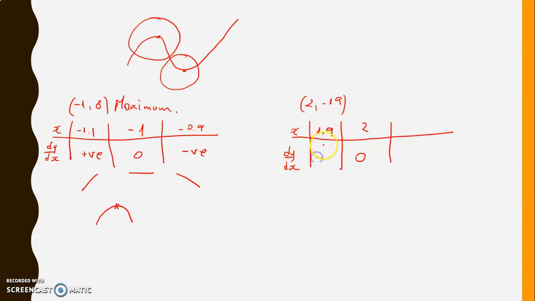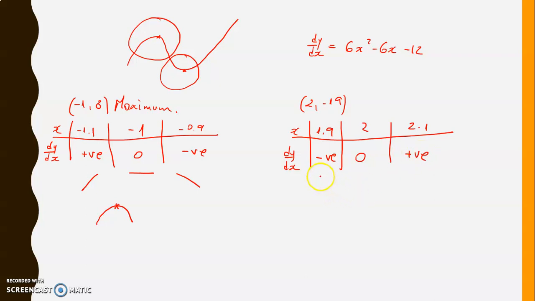I'll remind you that the gradient function dy/dx was 6x squared minus 6x minus 12. If you plug 1.9 in here, you should find that dy/dx is negative. And just after this stationary point, if we take 2.1, we will find that the gradient is positive.